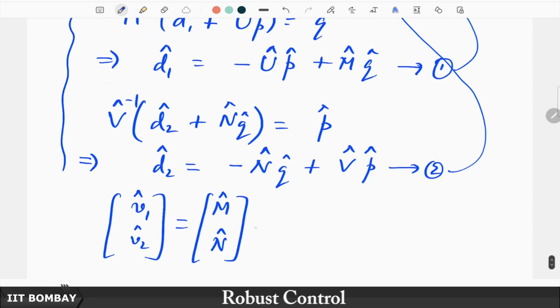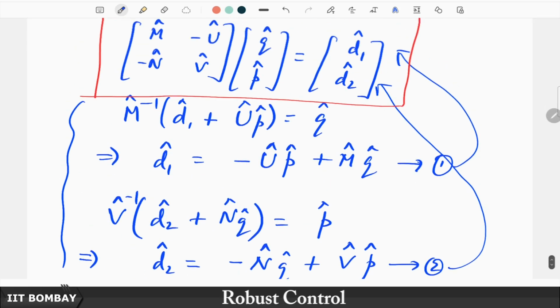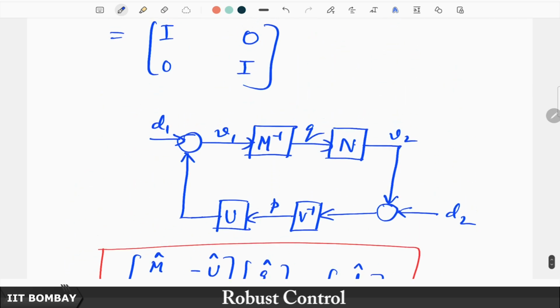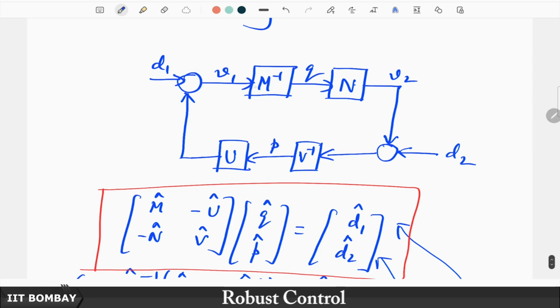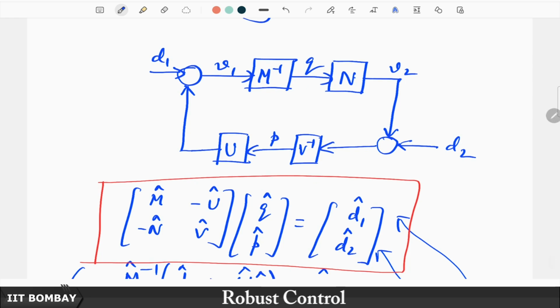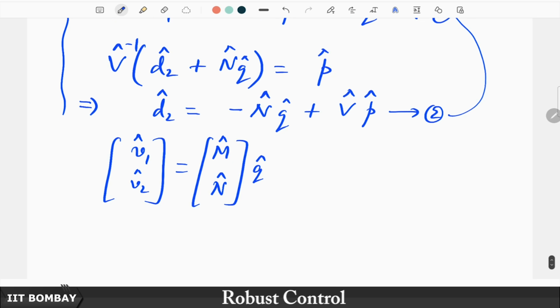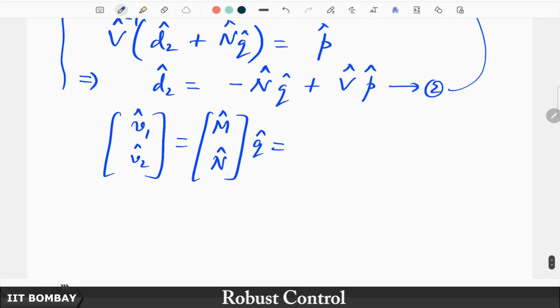I am just relating it with Q only. Exactly. So, on either side of Q you have V1 and V2. That I can write in a padded fashion now.